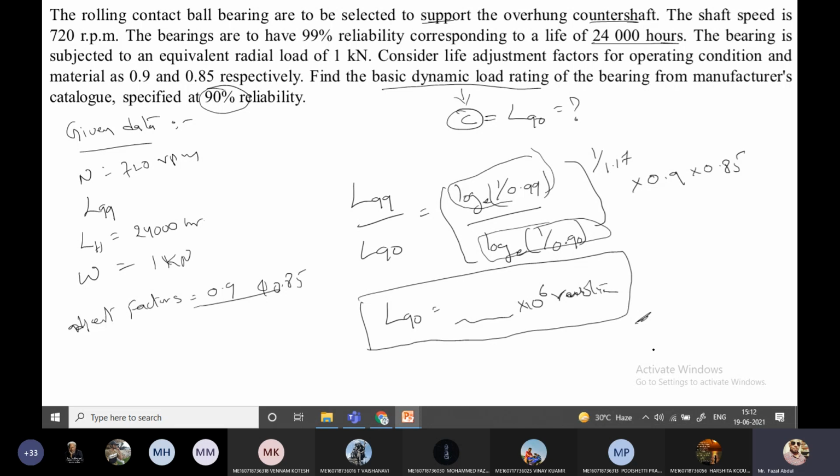Okay, I forgot one more thing. Here the LH value is given. So L99 is 60 into N into LH value. That is 60 into 720 into 24000. Now that is the L99. So tell me the L90 value. Just make the correction and tell me the L90.